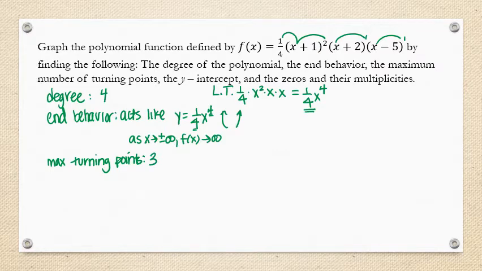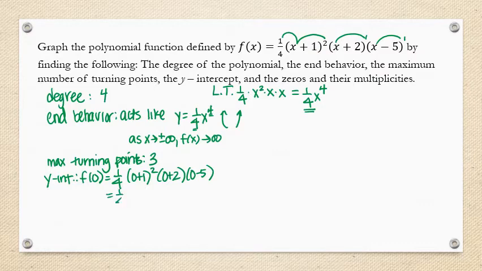The y-intercept. So the y-intercept happens when your x value is 0. So that's plugging in 0 for x. F of 0 equals 1/4 times 0 plus 1 squared times 0 plus 2 times 0 minus 5.